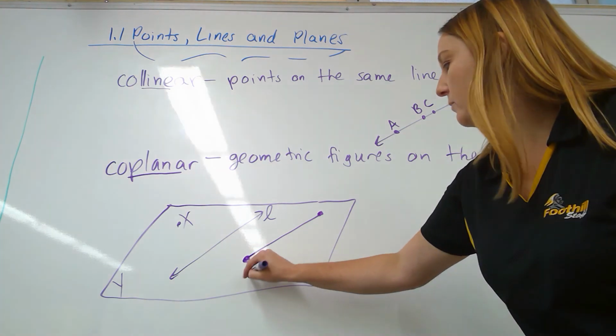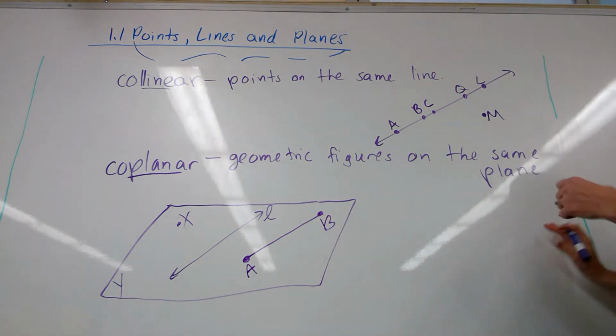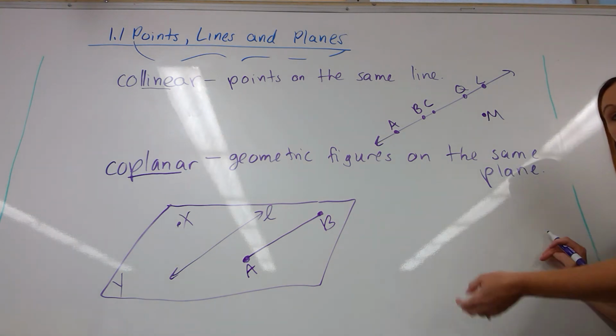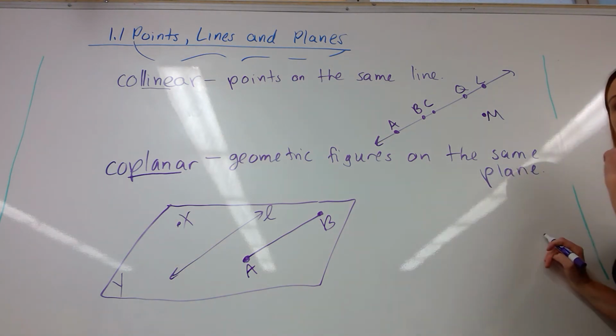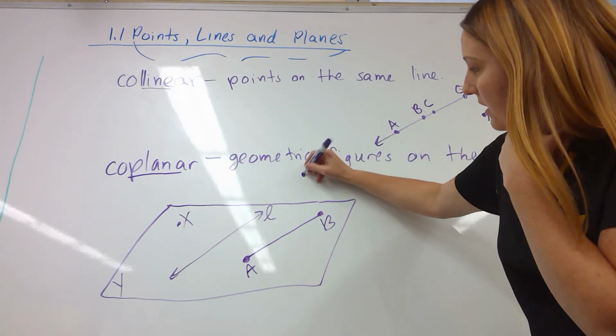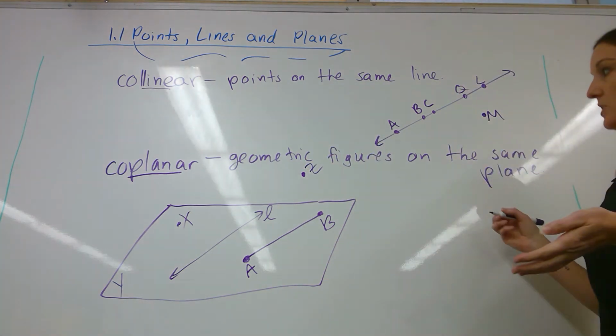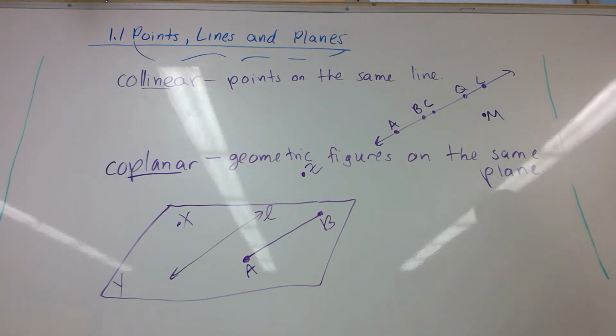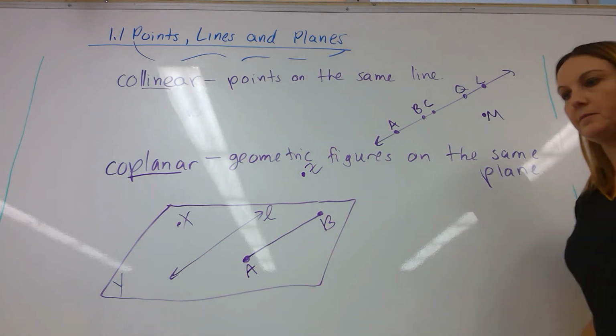Maybe I put segment AB on there. So line L, point X, and segment AB would all be considered coplanar. If I added a point up here, maybe I'll call that Z. Point Z is non-coplanar because it's not on the plane with the other three objects.